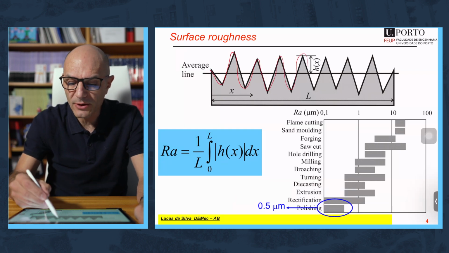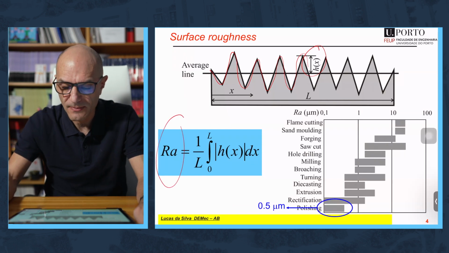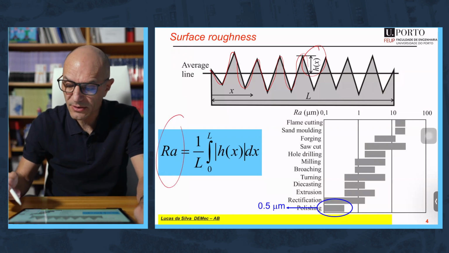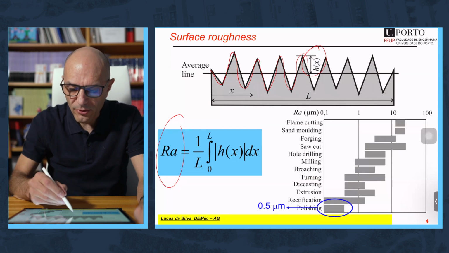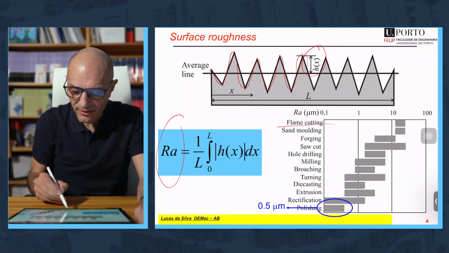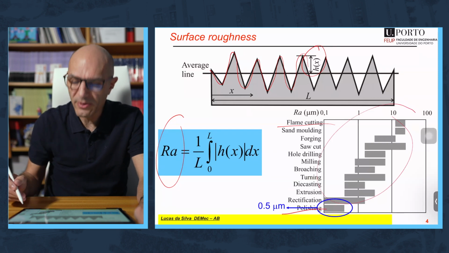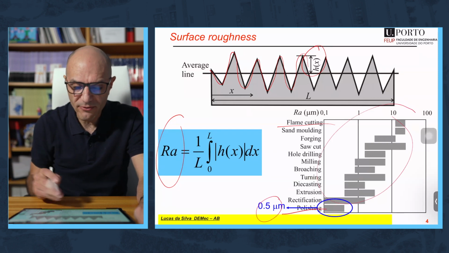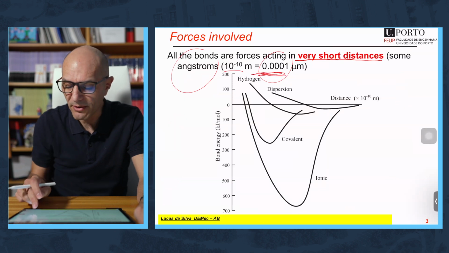One way to calculate the average height is to calculate the roughness. And this roughness can vary a lot. It can vary from very crude cutting to very fine polishing. But with all of them, we are still talking about a small fraction of a micron, not this type of distance.